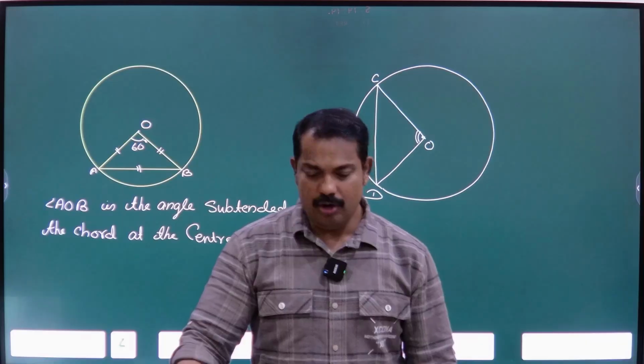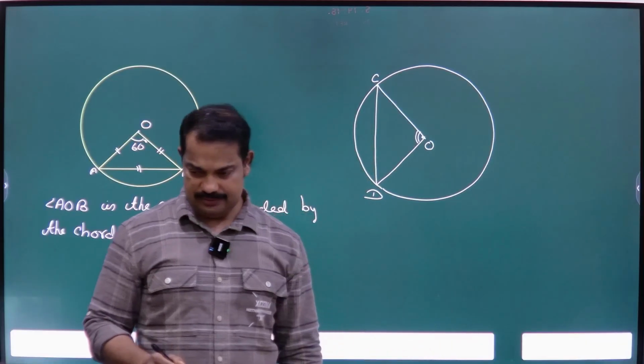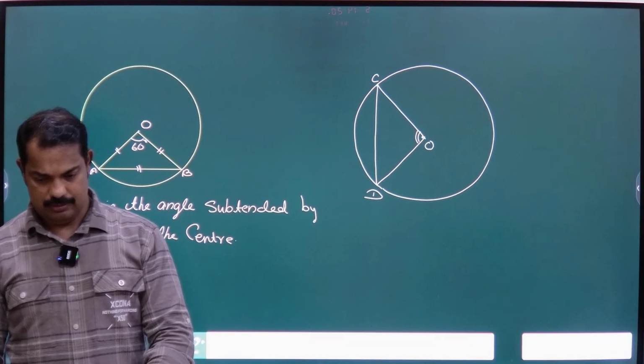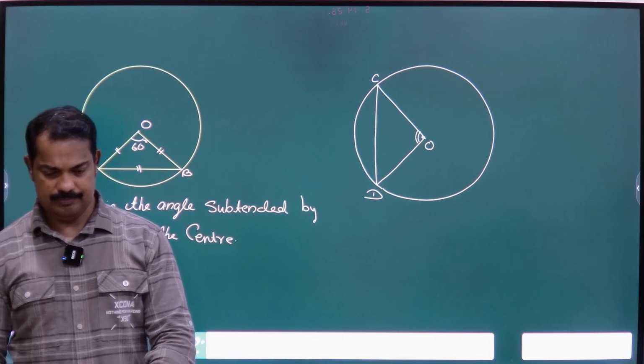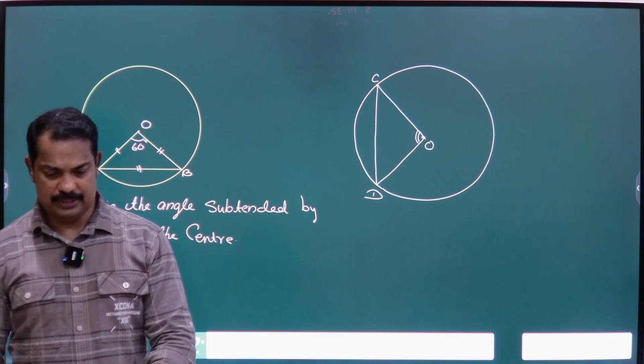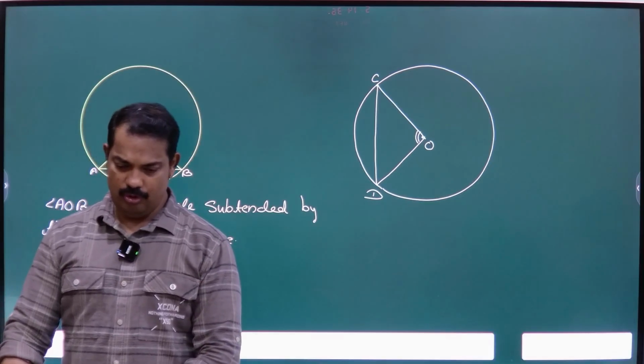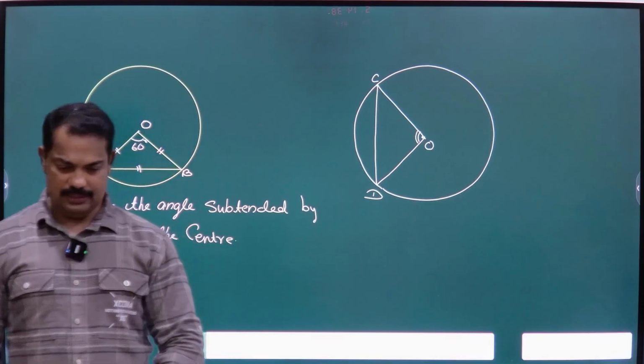If the chord of a circle is equal to radius, then what is the value of angle subtended at the center?